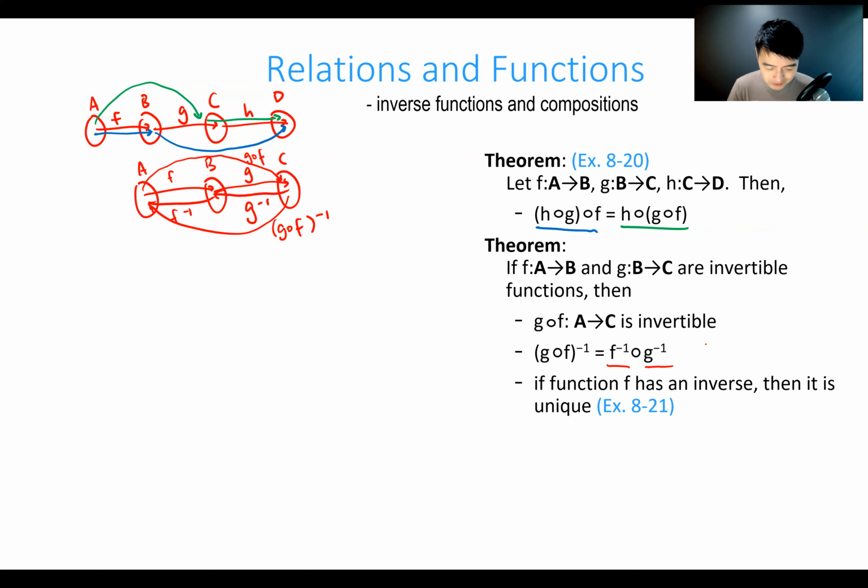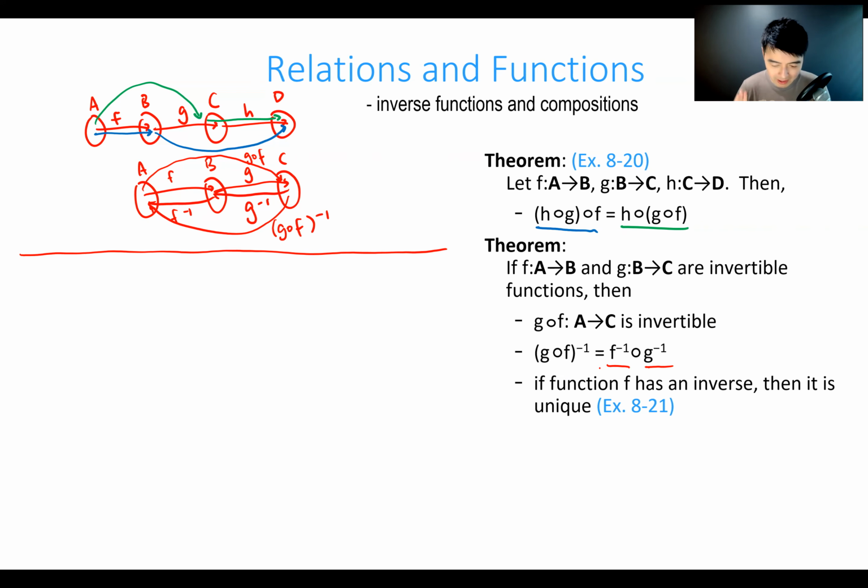Again, the full proof is in your textbook. If you want to refer to that, please do, but I'm not going to go through the full proof here. Instead, I want to take a look at the last statement and prove that. The statement says that if F has an inverse, then it is unique.